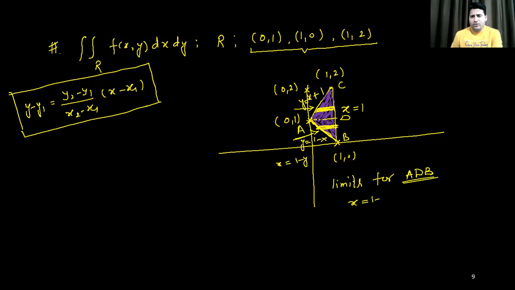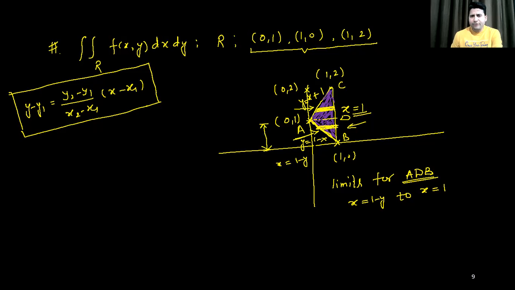So x equals 1 minus y, and it terminates on this curve, where the value of x is 1. So x goes from 1 minus y to 1. Now for this region, that is ABD, the variation of y is this much only.